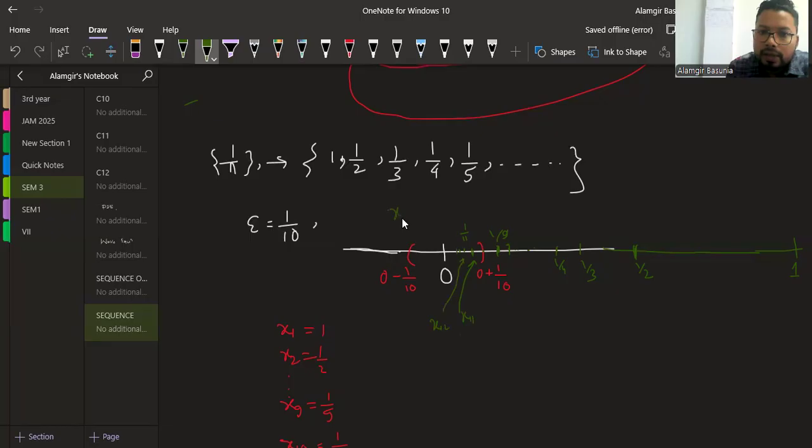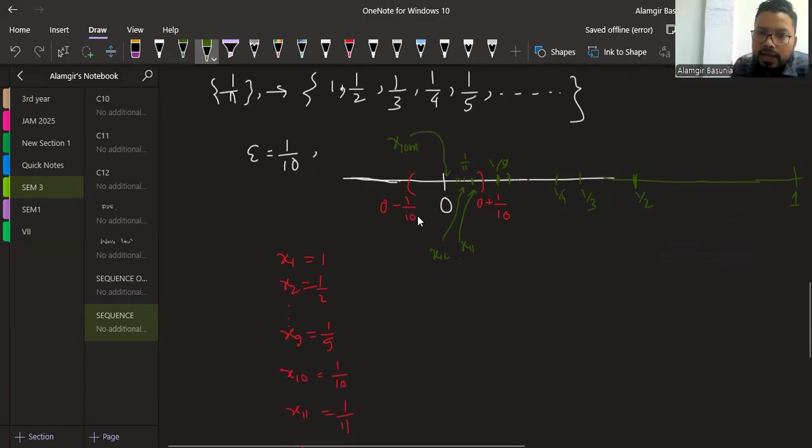Now you can think about the x 10 million term, x 100, x 1000, x million. They also belong here only, slightly to the right side of 0. So we can say that all the terms after x10 belong to the interval 0 minus epsilon, 0 plus epsilon.